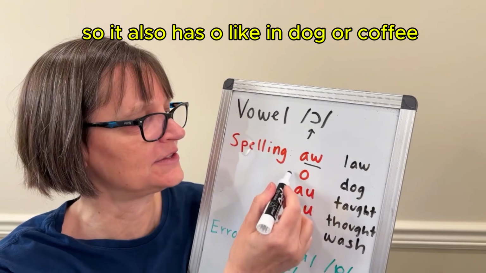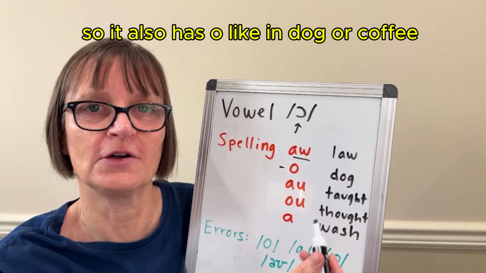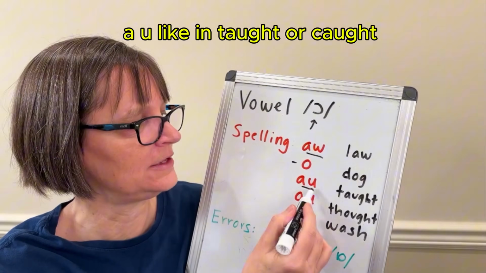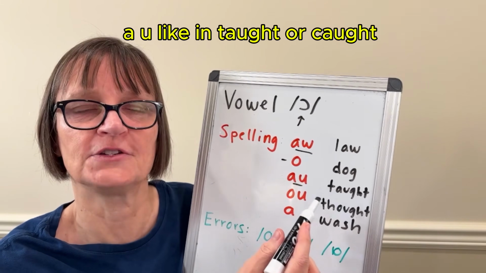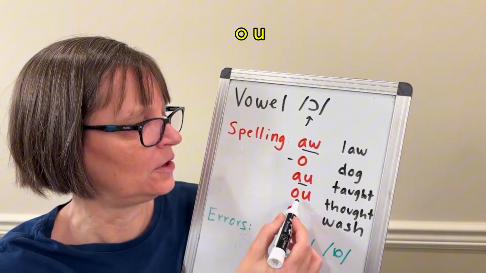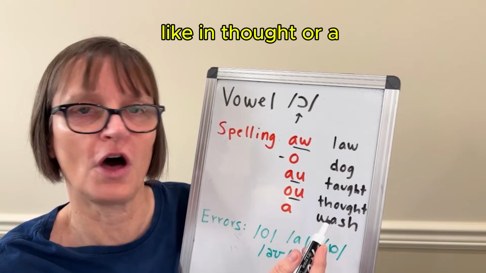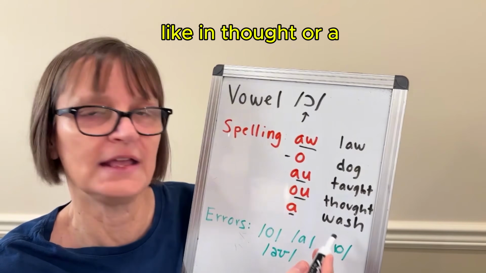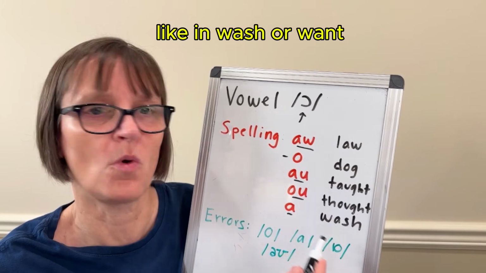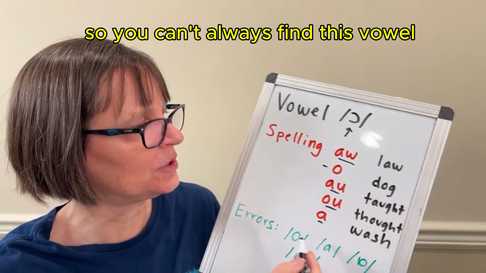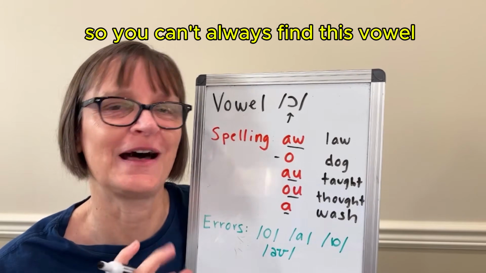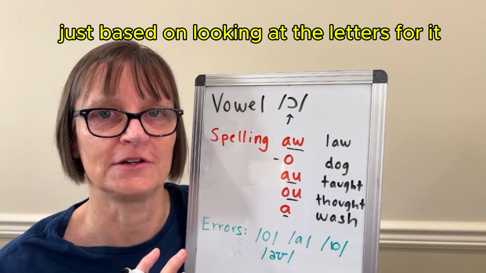It also has O like in dog or coffee, AU like in taught or caught, OU like in thought, or A like in wash or want.